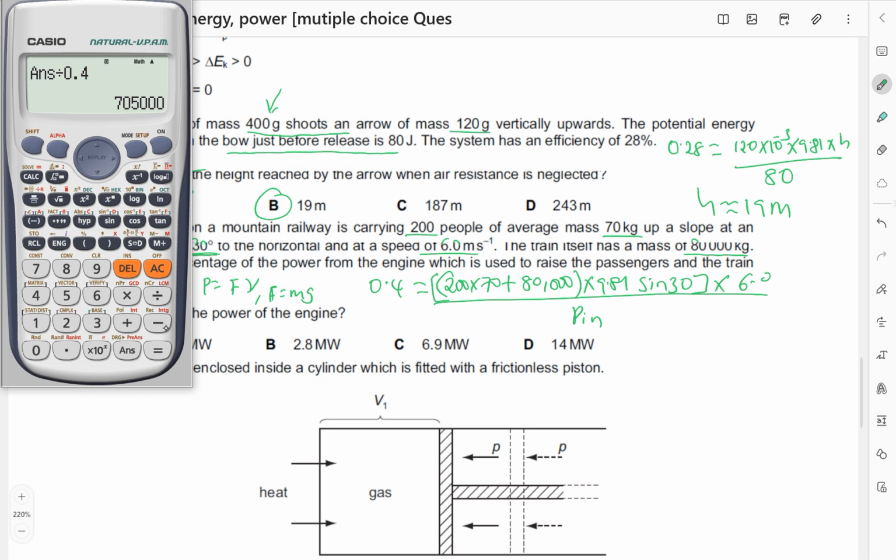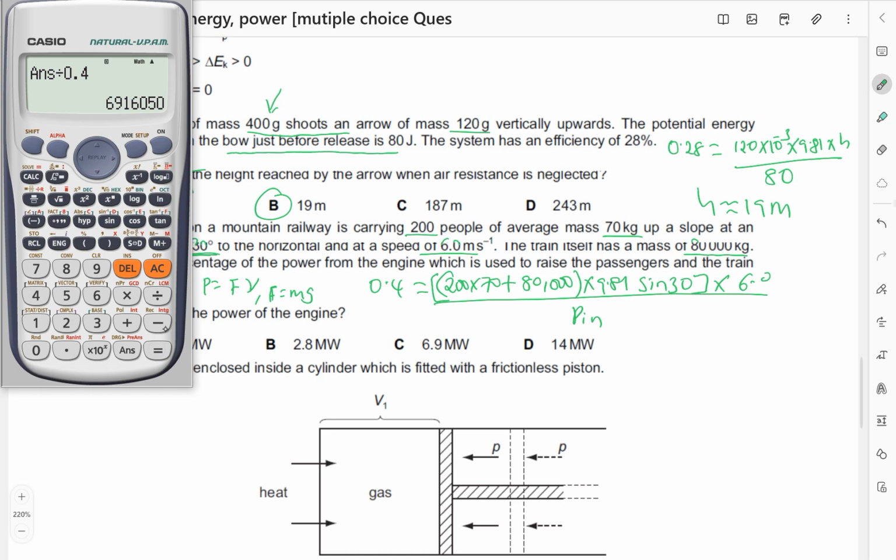Let me repeat it again. 200 times 70 plus 80,000, then times 9.81 sine of 30. So I'll multiply this by 6. Then I divide this by 0.4.